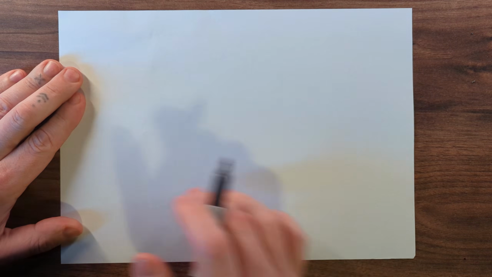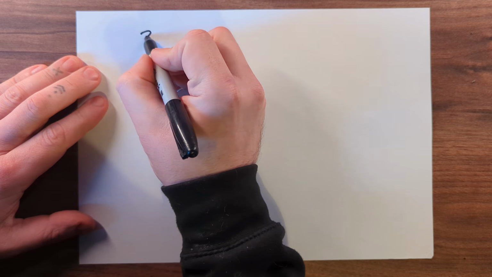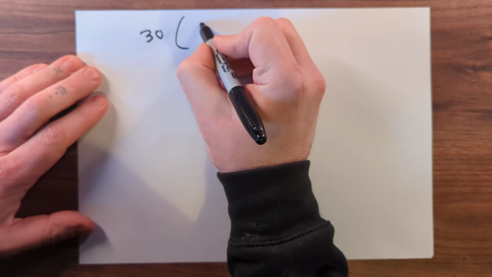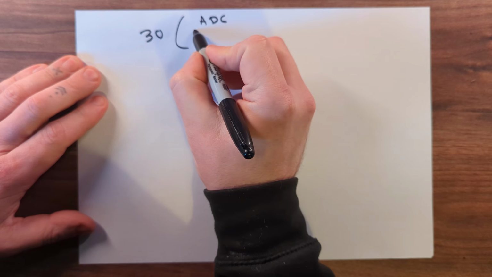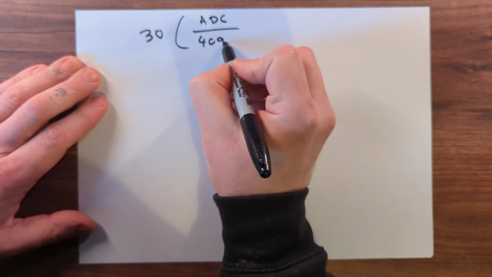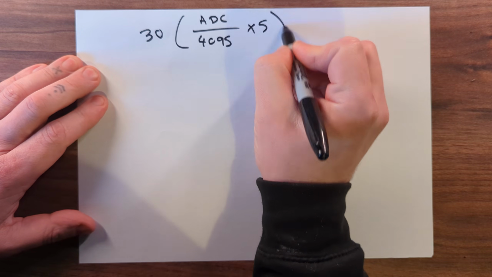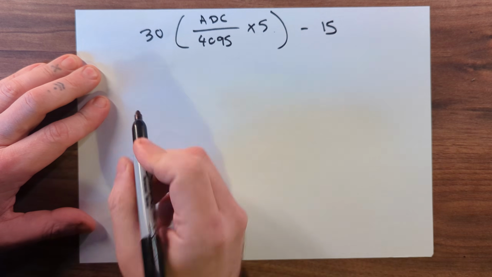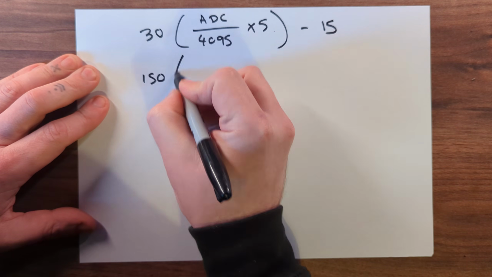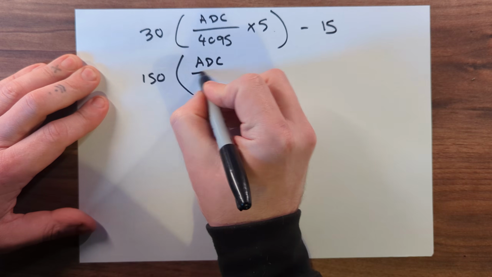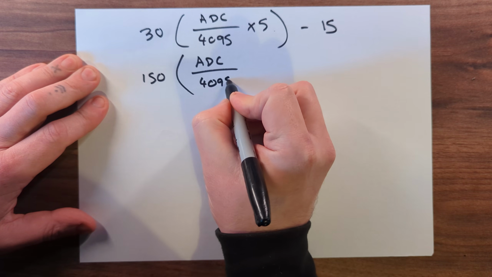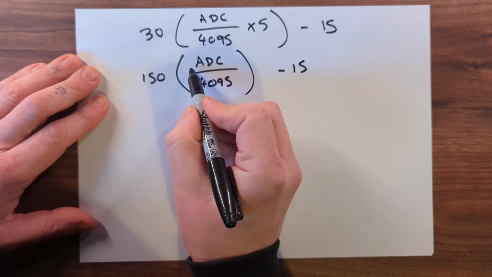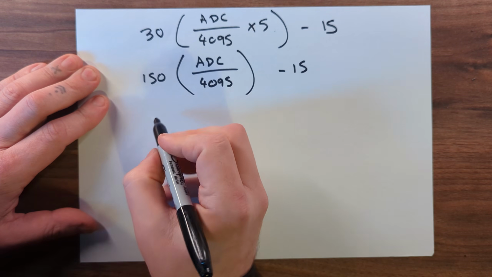But let's simplify that formula a little bit so it's more readable and we can do it in fewer steps. So it's 30 times ADC over 4095 times by 5, minus 15. So 30 times 5 is 150, ADC over 4095, minus 15. Then we can distribute the 150 into the brackets.